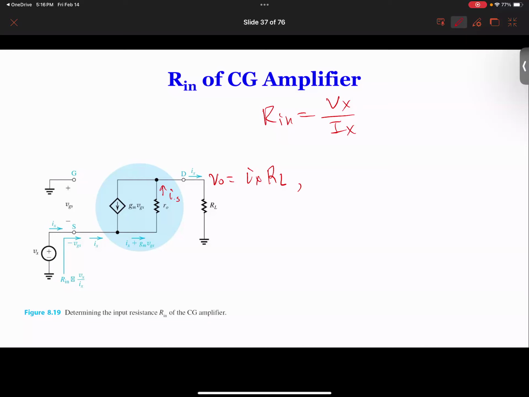So our IS is going to be Vx minus VO divided by RO. And VO, now we can apply back: Vx minus Ix RL divided by RO. Okay? You guys understand, right? So this voltage, Vx, minus the voltage over here, divided by the resistance, gives us the current in this branch. So now we go back.